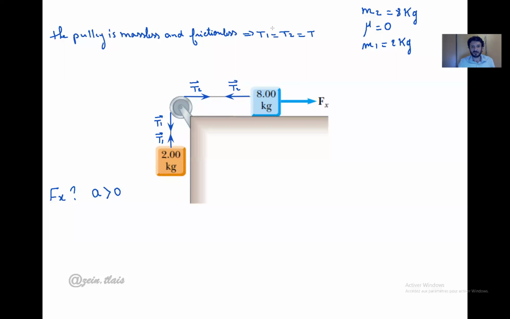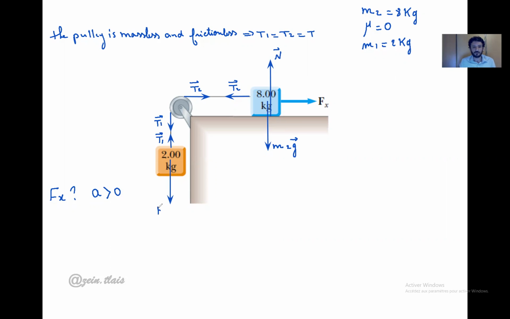Let's draw the forces applied on each object, the forces applied on M1 and M2. Here we have M1g and M2g. The reaction from the table on the object, we have N, M2g.